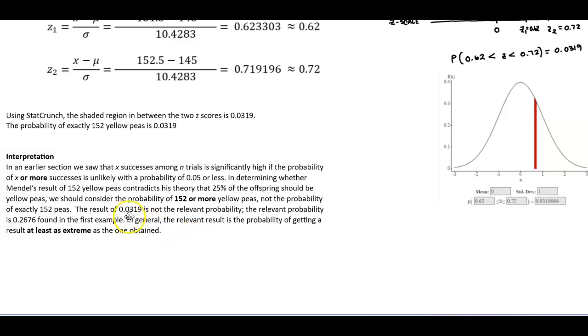The result of 0.0319 is not the relevant probability. The relevant probability is 0.2676, which was found in the first example of 152 or more. So in general, the relevant result is the probability of getting a result at least as extreme as the one obtained.